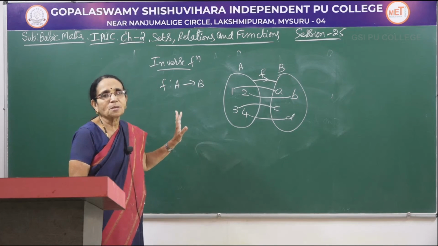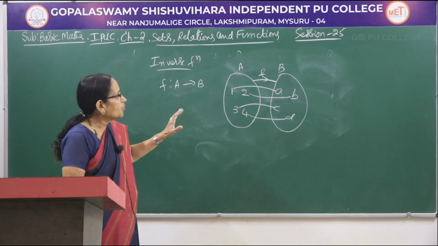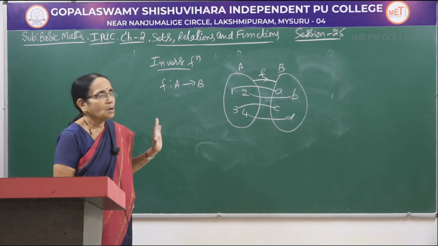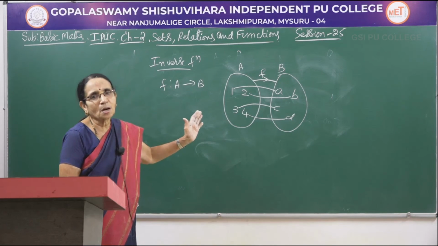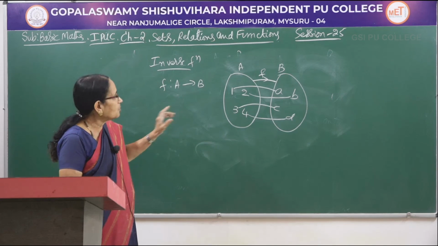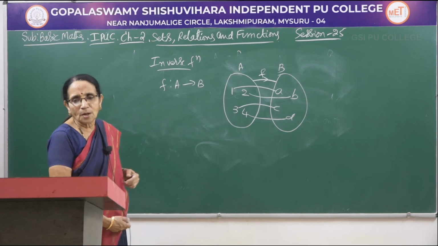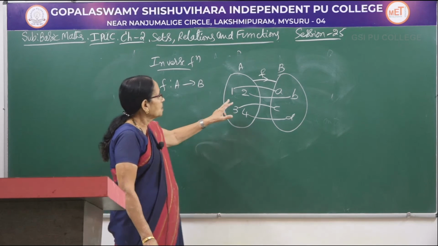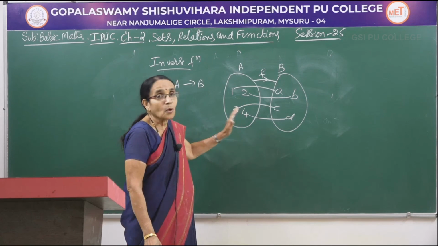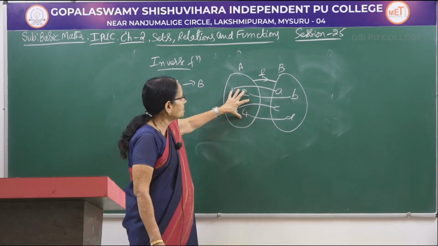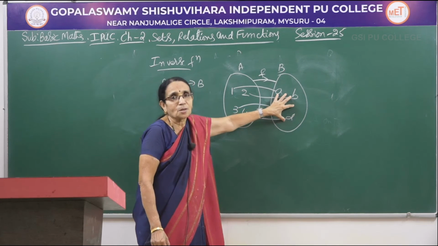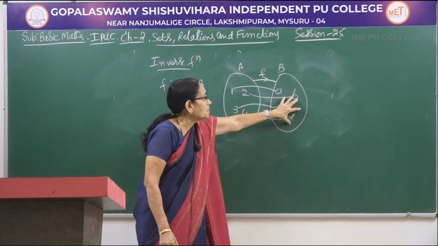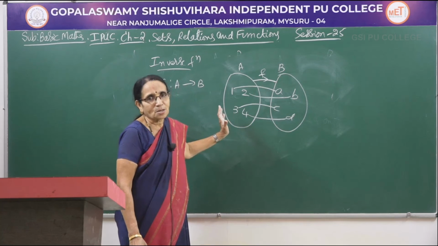There are 4 elements in the first set A, 4 elements in the second set B, 4 in the domain, 4 in the codomain. And what type of function are we seeing here? We are seeing a function both 1, 1 and onto. 4 elements have 4 different images. All the elements of B have pre-images.